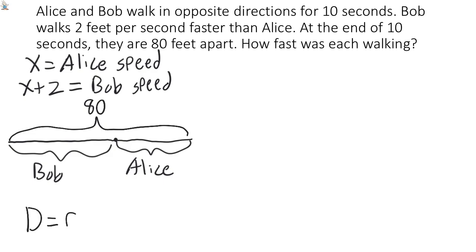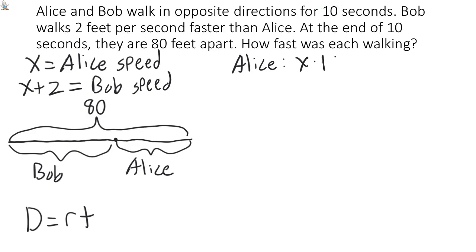Distance equals rate times time. Let's start with Alice. Her distance is going to be her rate times her time. Well, her rate is x, that's what we don't know, and her time is 10 seconds.